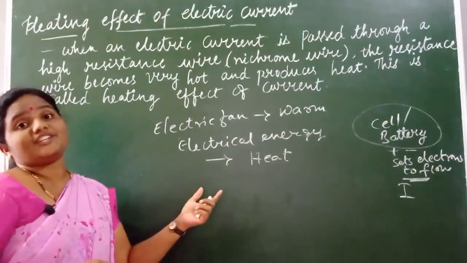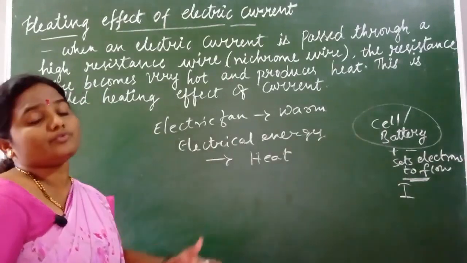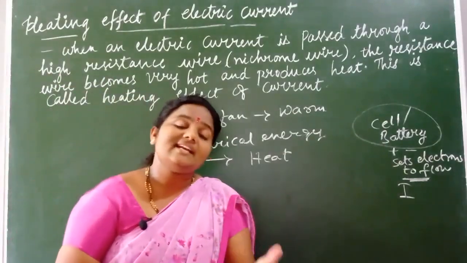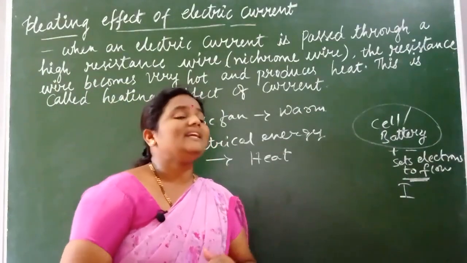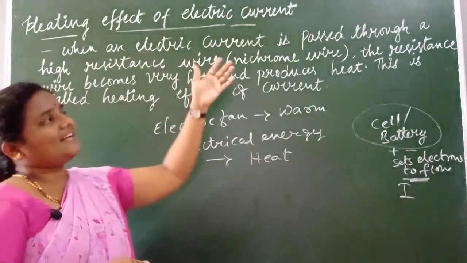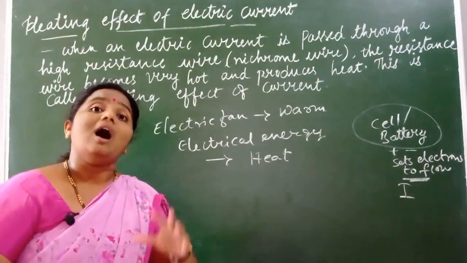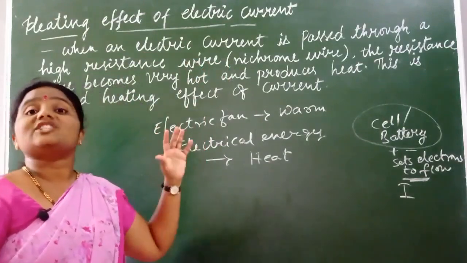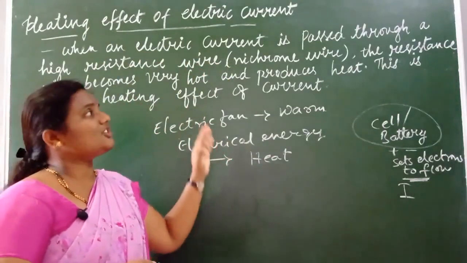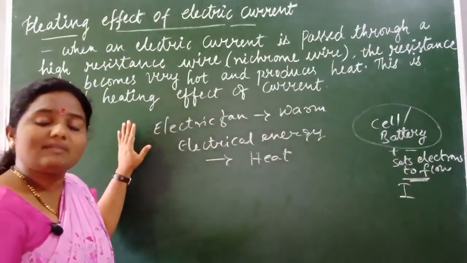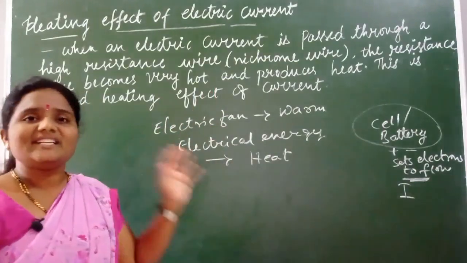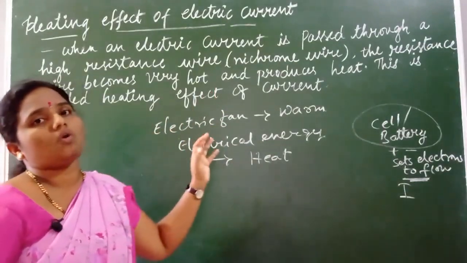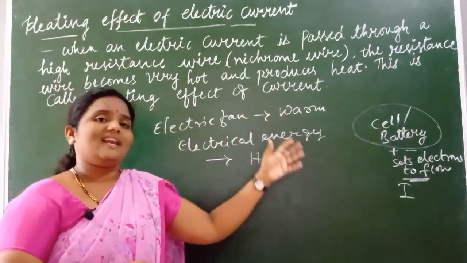This dissipation of energy is observed when an electric current flows in an electric circuit, children, and the meaning is that when an electric current is passed through a high resistance wire such as nichrome wire, the resistance wire becomes very hot and produces heat. This phenomenon, this process, is called heating effect of electric current.